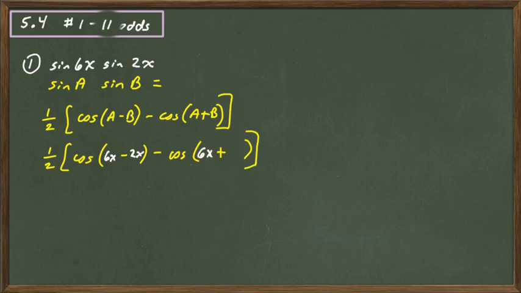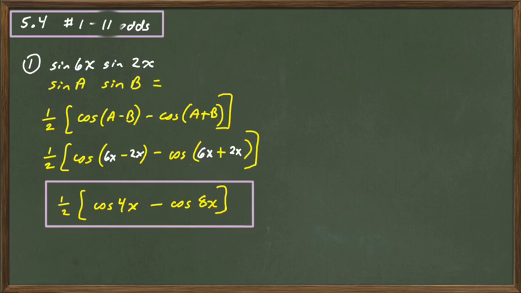B is 2x, so wherever I see a B, I put a 2x. So what does this make this now? It makes it 1/2 quantity of cosine of 4x minus cosine of 8x. And I believe that's the answer that they're going to have. Okay, so I checked the answer. This is correct. So I'm going to move on.